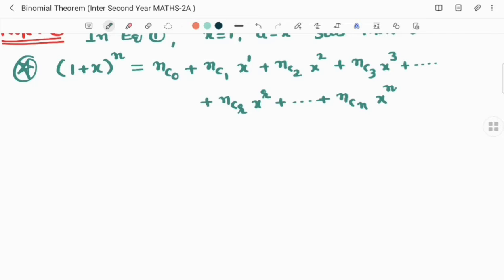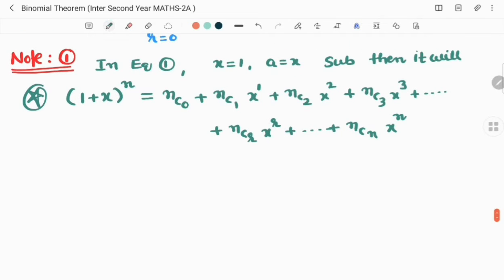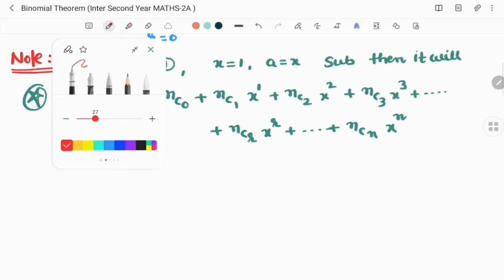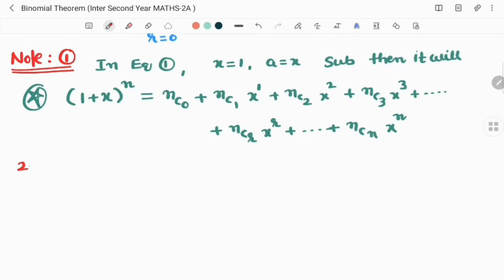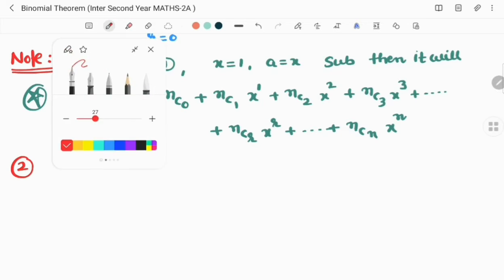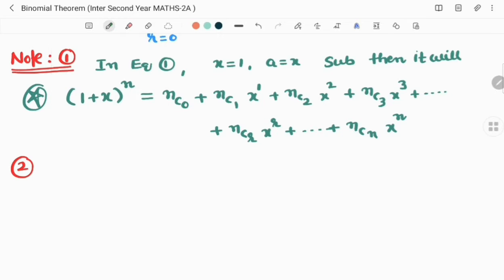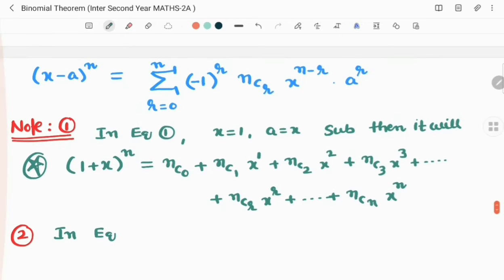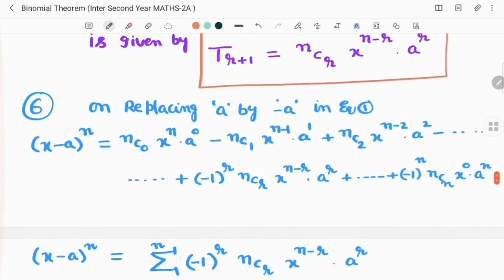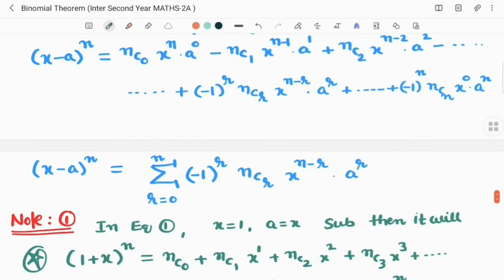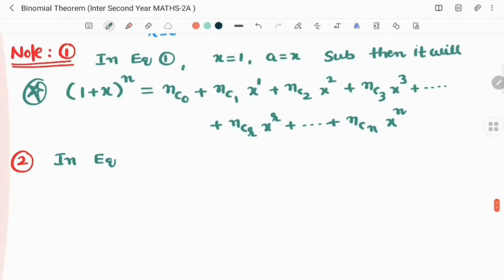So similarly, note 2, point number 2: in equation 2, in place of x put 1, and a is equal to x.